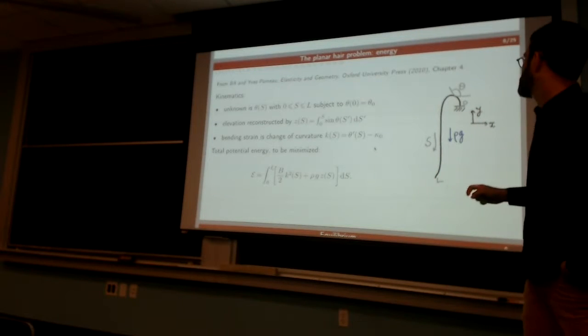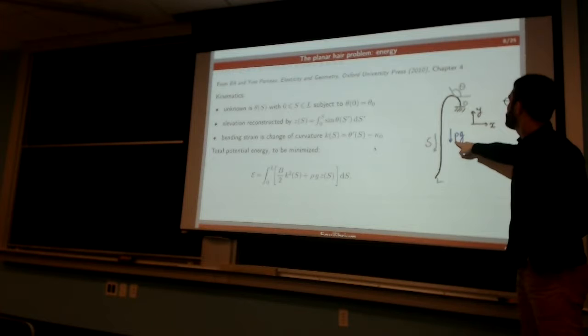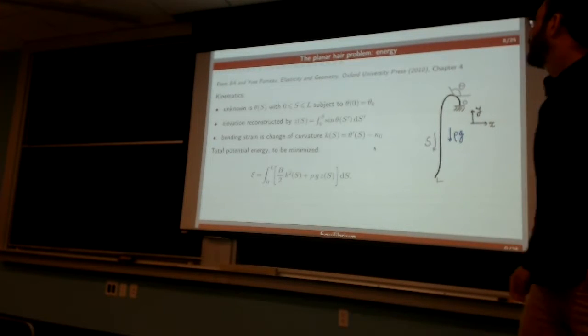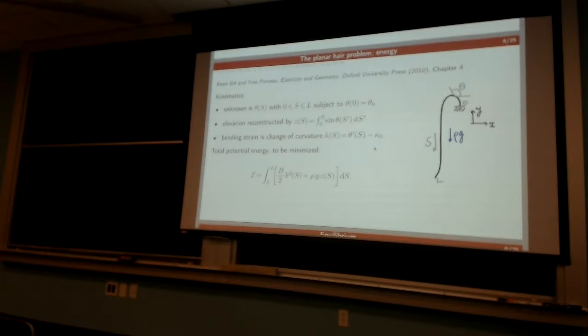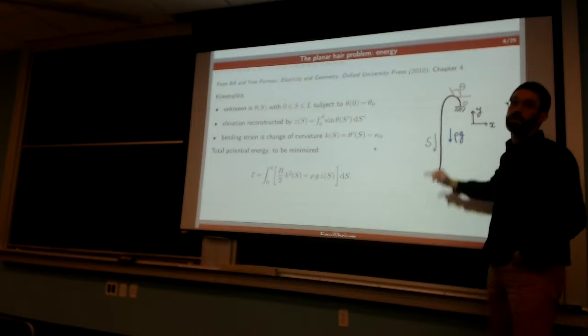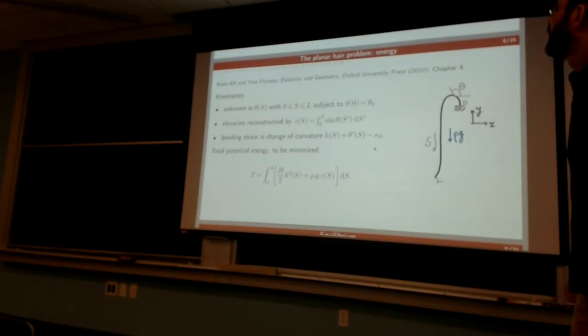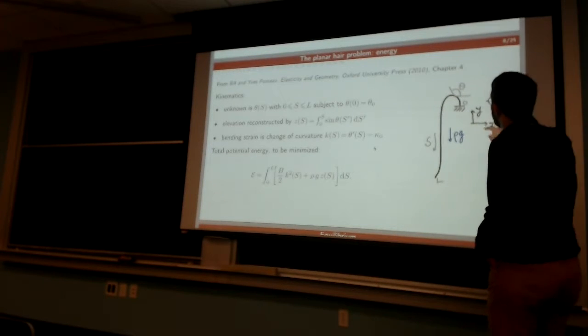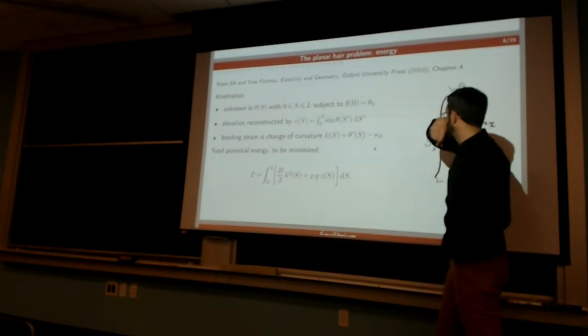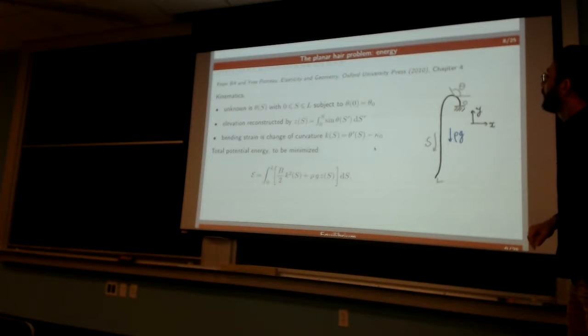So I'm applying distributed weight. Rho would be the mass density per unit length, g is the gravity. And this problem can be formulated as a minimization problem where we would typically use the direction of the tangent, theta, as the main unknown. We are clamping here, so we impose the value of theta at the origin 0.